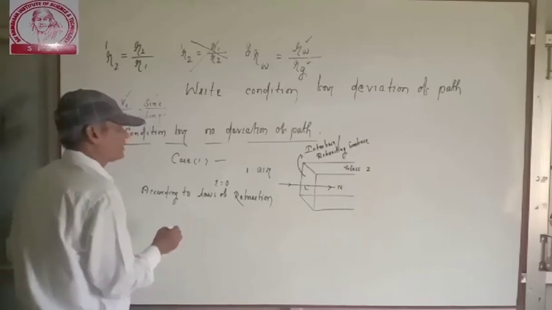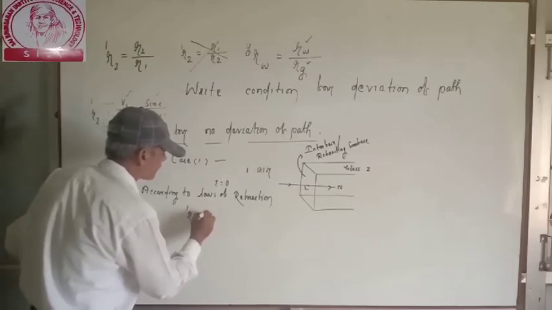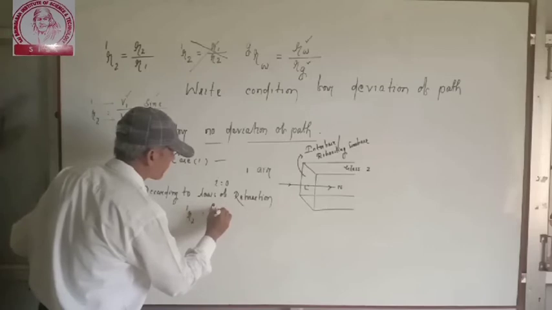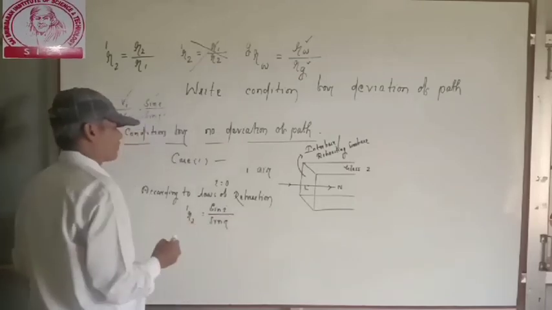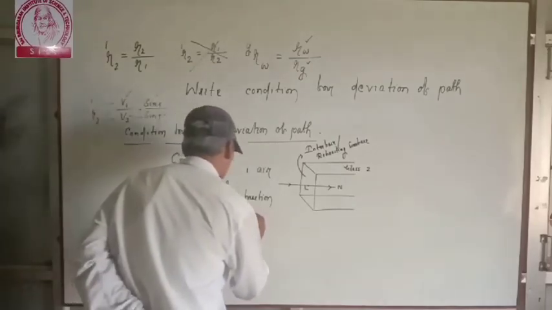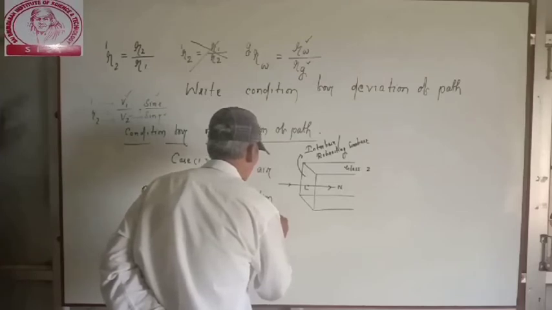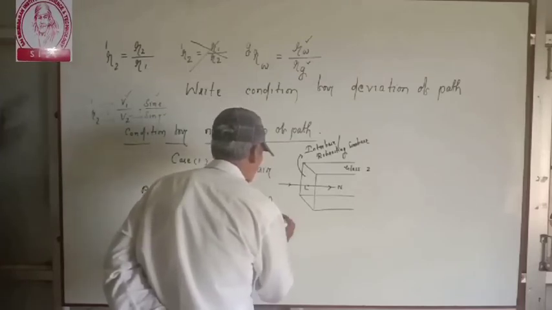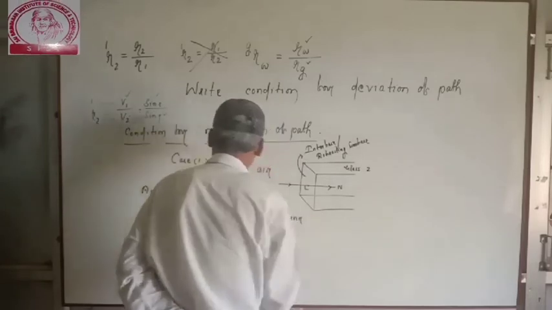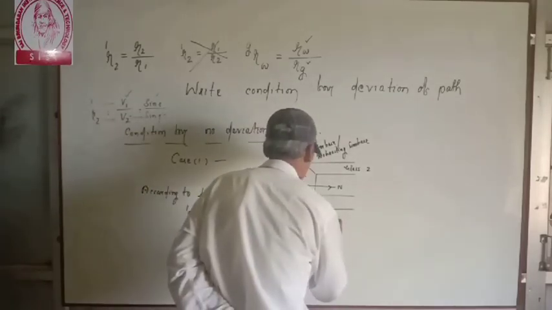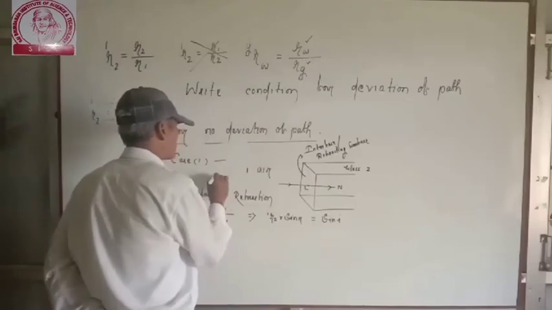According to laws of refraction, 1 mu 2 is equal to sin I by sin R, which implies 1 mu 2 into sin R is equal to sin I. Here I is equal to 0 degree.